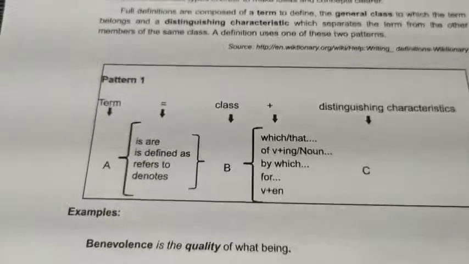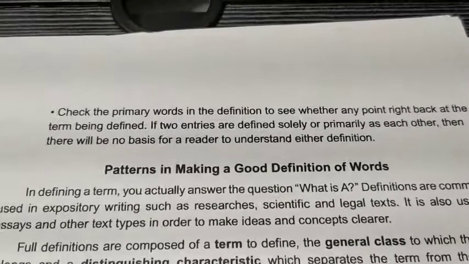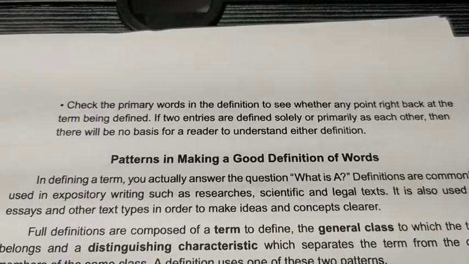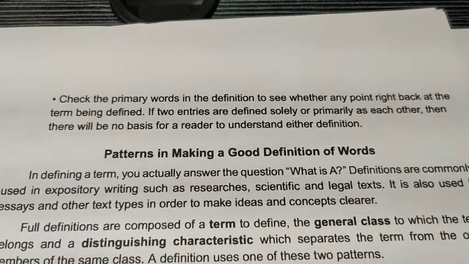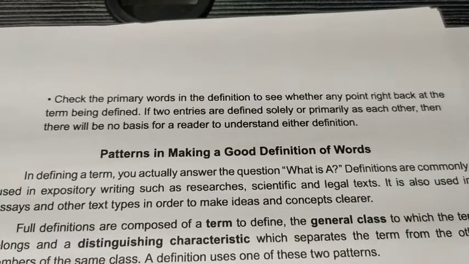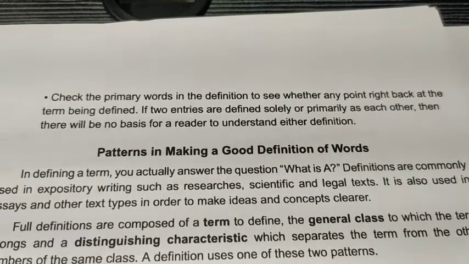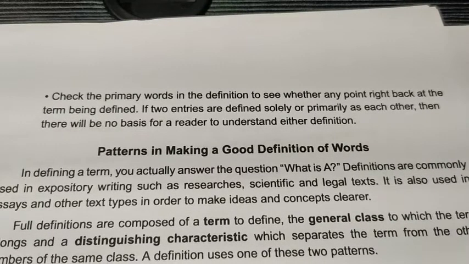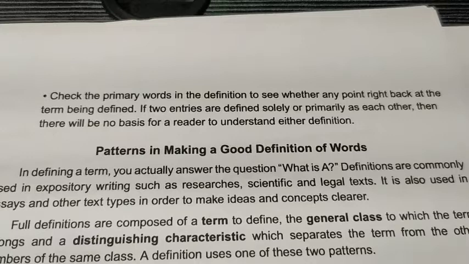So check the primary words in the definition to see whether any point right back at the term being defined. If two entries are defined solely or primarily as each other, then there will be no basis for a reader to understand either definition.